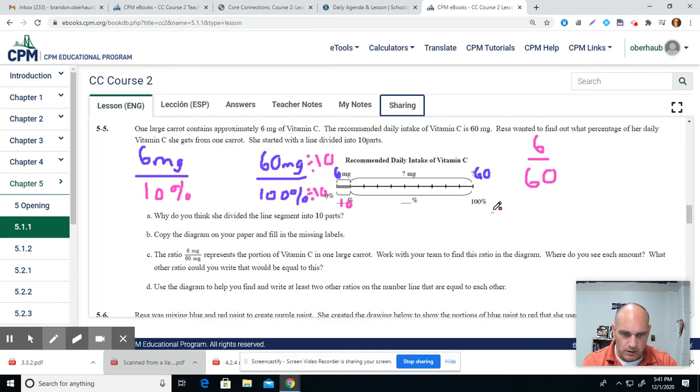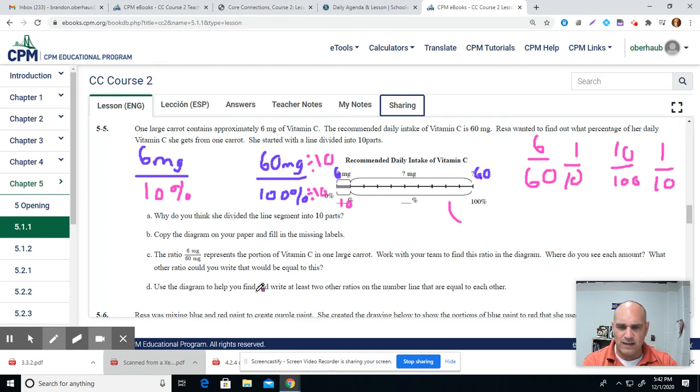Then I'm taking this part and that whole. So let's see, 10 over 100. Are those equal to each other? Well, I don't know. Let's reduce. Divide these by 10 gives me 1/10. Divide these by 6 gives me 1/10. So, yep, these are equal to each other.